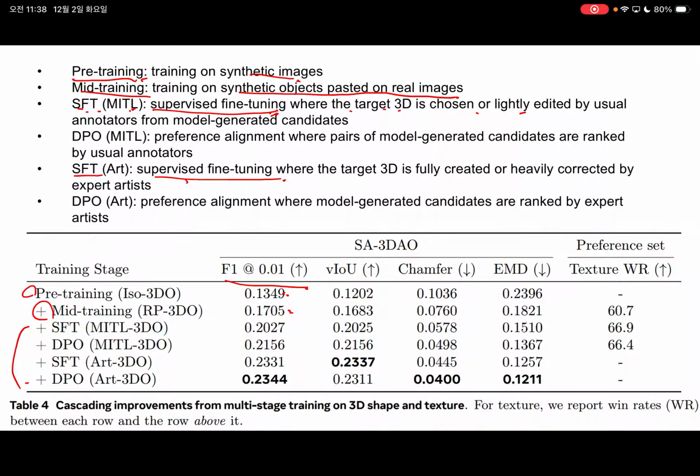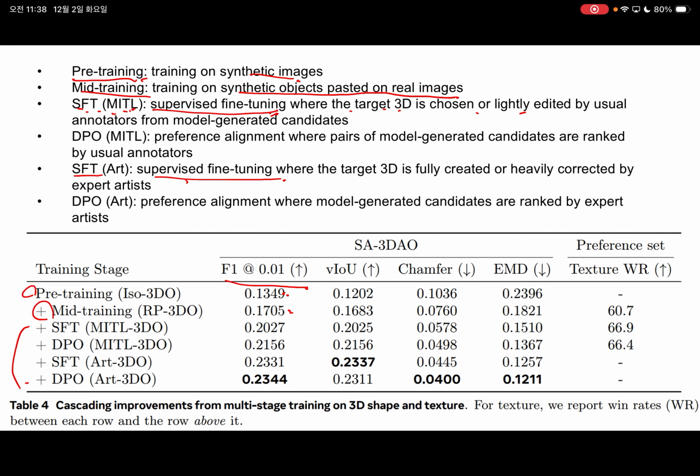The annotator chooses which one is the best one, or makes small modifications to the reconstructed result. That becomes another ground truth for the real image, and we use such chosen or lightly edited ground truth as additional ground truth for the training. That is supervised fine-tuning.